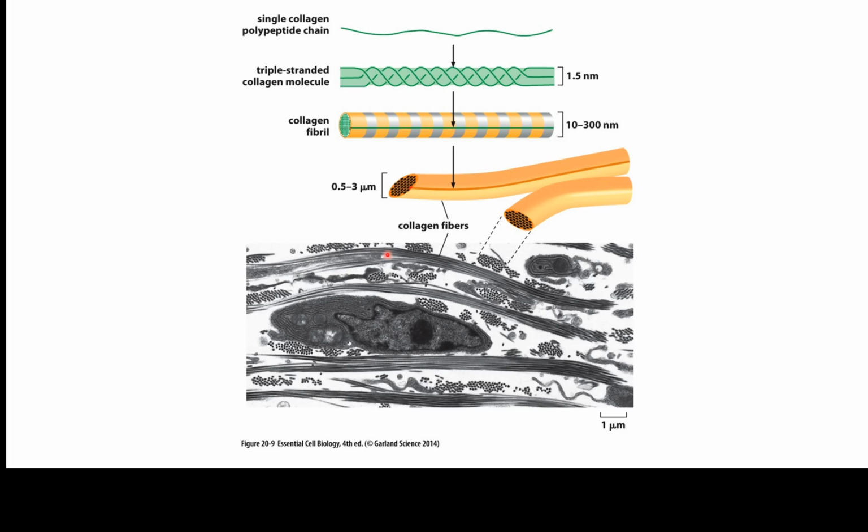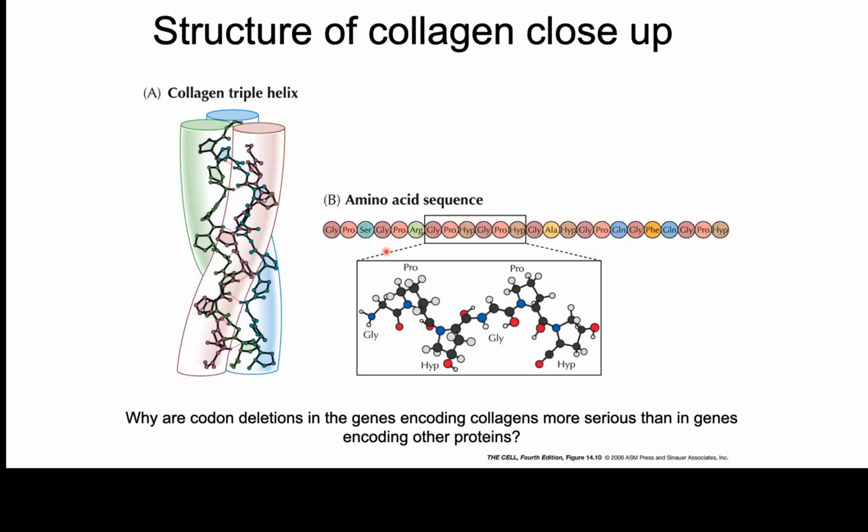All right. So if we take another look at how these collagens are composed, there's lots of different classes of these molecules, but the main formula for the amino acid sequence is that there's a glycine amino acid followed by 2 different amino acids, so proline, and in this case, hydroxyproline.